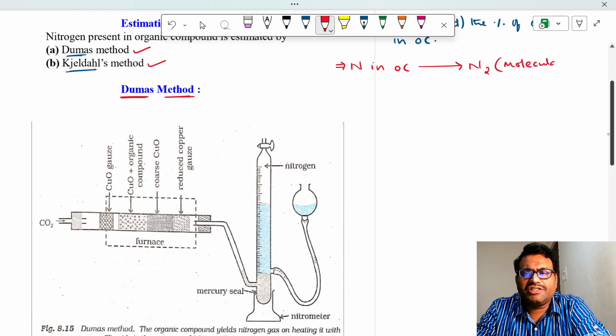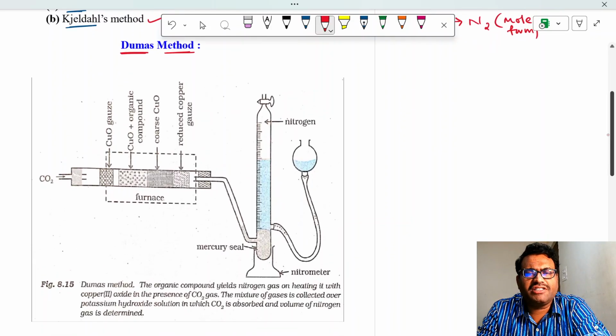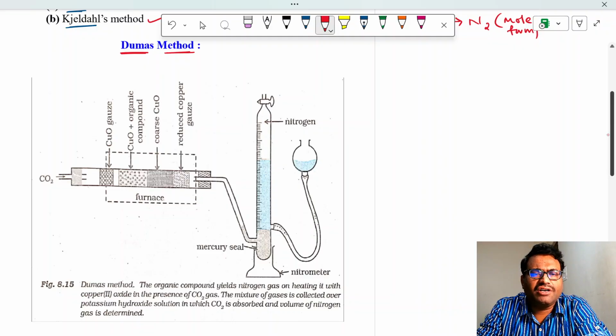Nitrogen exists as N2, so molecular form. So nitrogen present in the organic compound is converted into N2 gas. Now, looking at this apparatus of Dumas method.